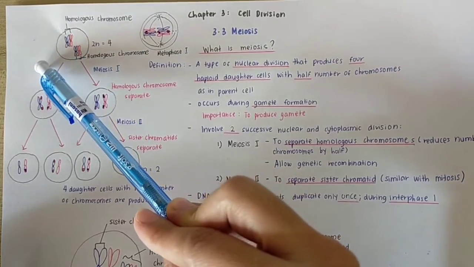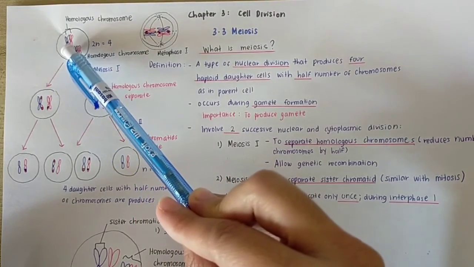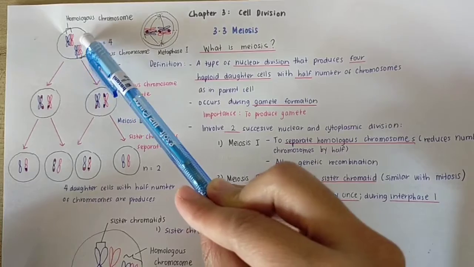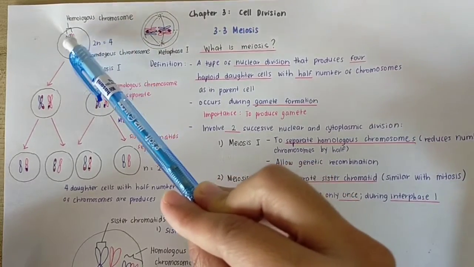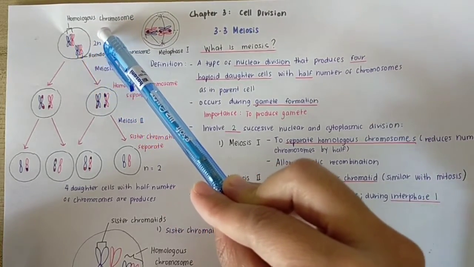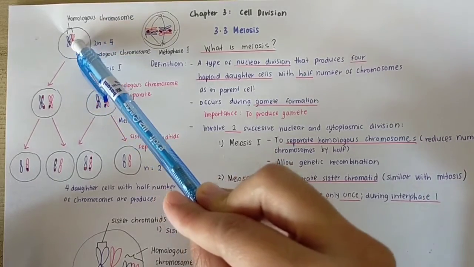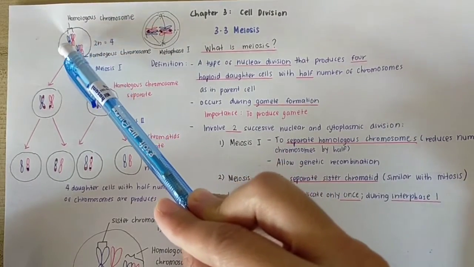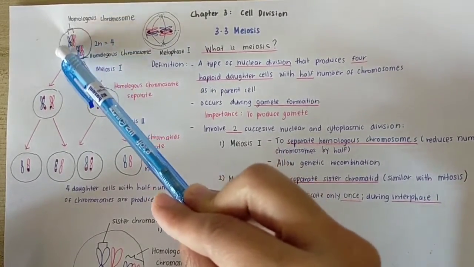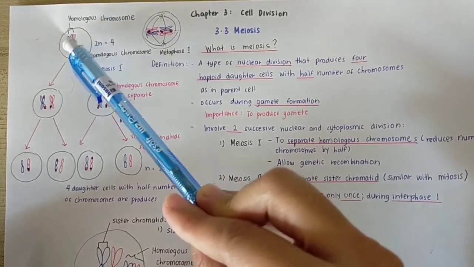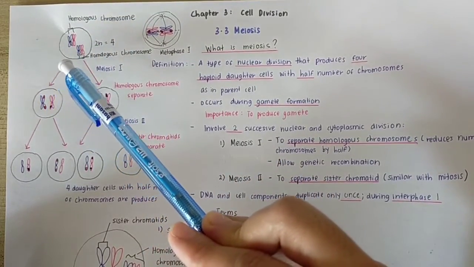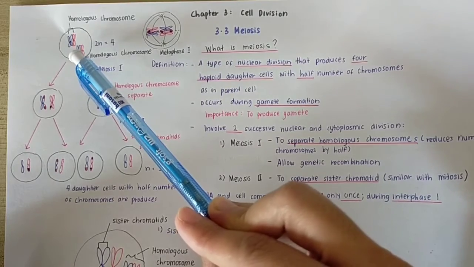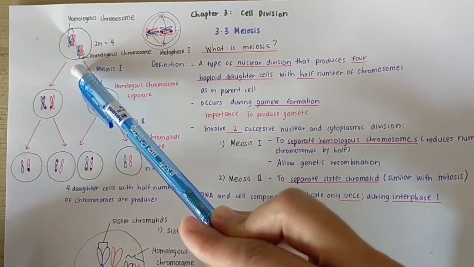One chromosome is from the father, which we call the paternal chromosome, and the other comes from the mother, which we call the maternal chromosome. What happens if both of these chromosomes pair together? We call this a homologous chromosome pair. The pairing up of homologous chromosomes is a process we call synapsis. Later I will explain in detail.